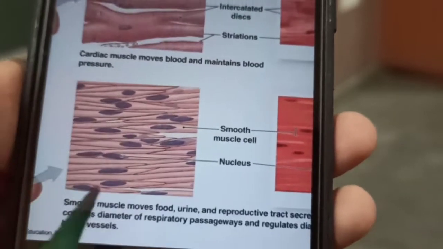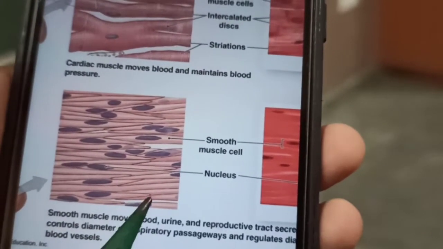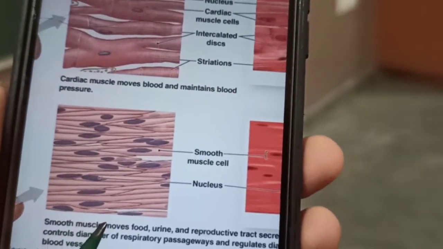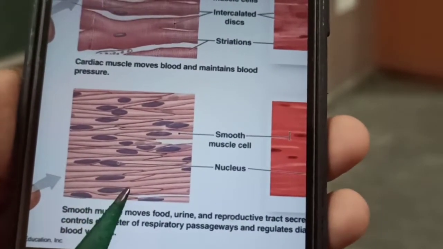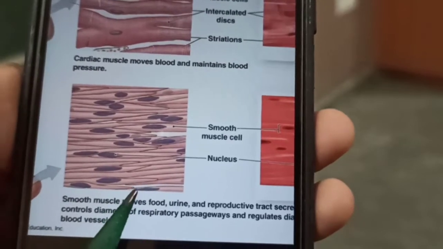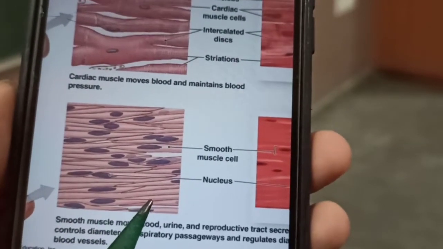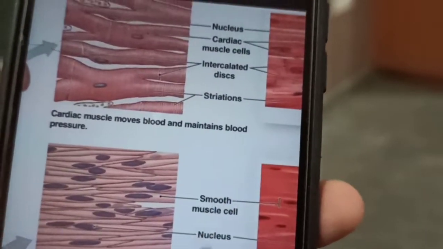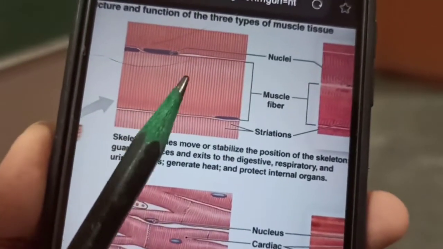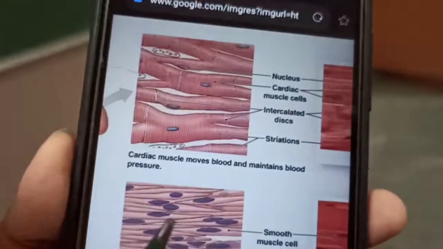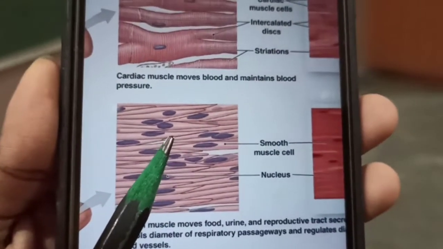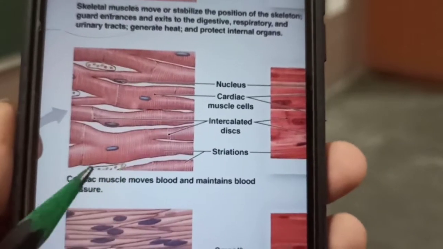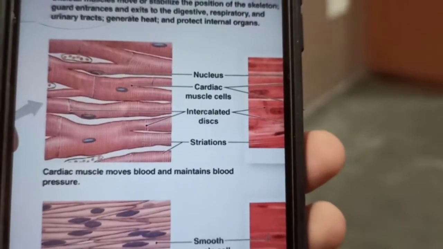These work involuntarily. Involuntarily means they will not work according to your wish. They work according to the signals sent by the brain and spinal cord. Okay, children, hope you have understood this: voluntary, involuntary, then cardiac muscle. Cardiac is a special type of muscle.